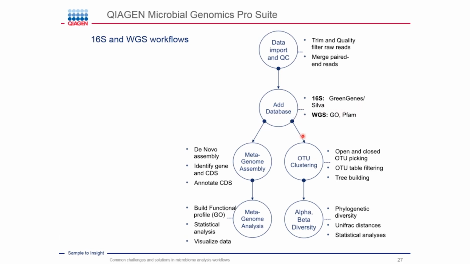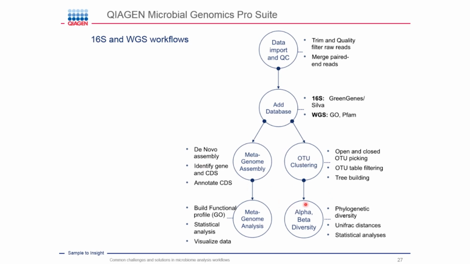When you have whole genome assemblies, you take the gene ontology of Pfam. Based on this, here you would have the de novo assembly for the metagenome analysis for whole genome sequencing. On the other side, for 16S, you would have the OTU clustering and the tree building.